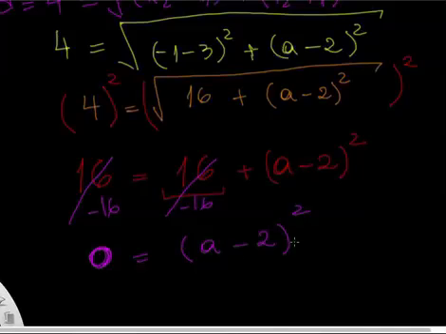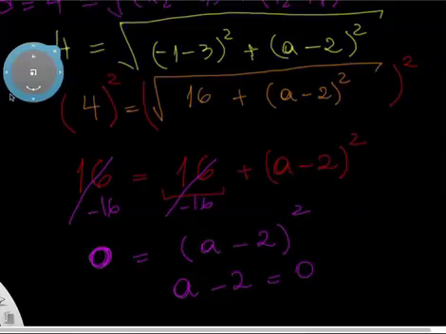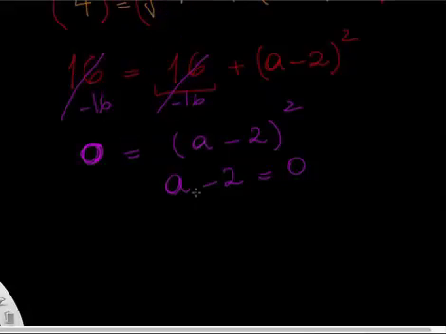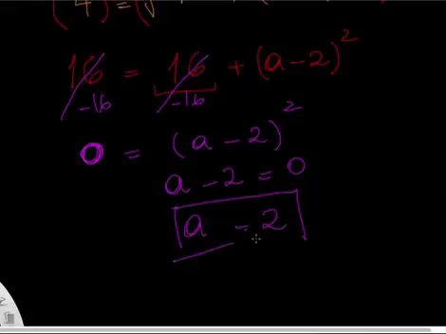So a minus 2 should be equal to 0. So if a minus 2 is equal to 0, I'm continuing with the steps to isolate my a, in that case a will be equal to 2, and this is my final answer.